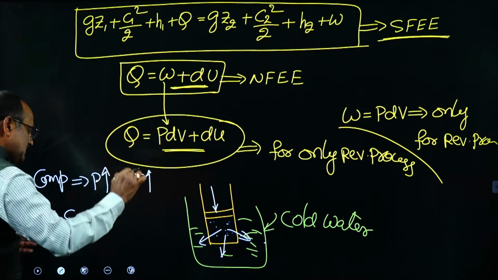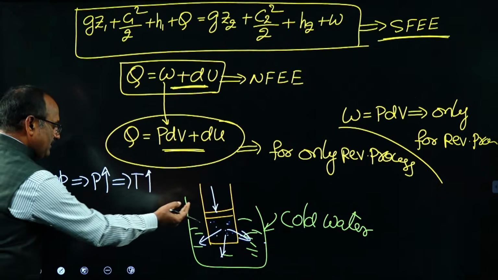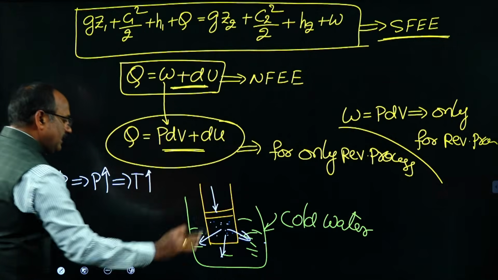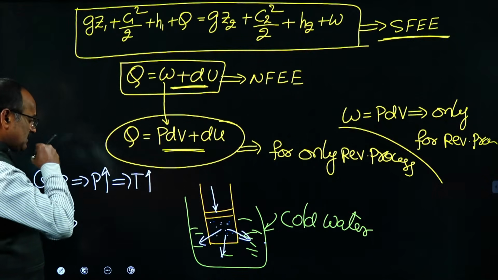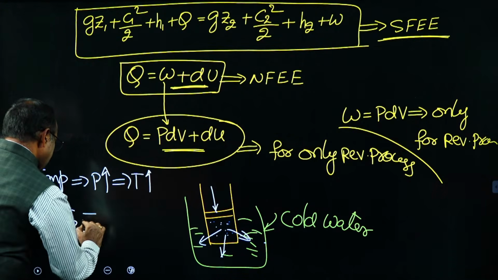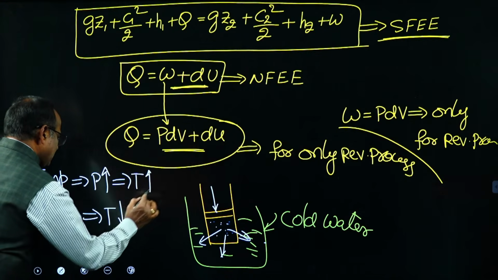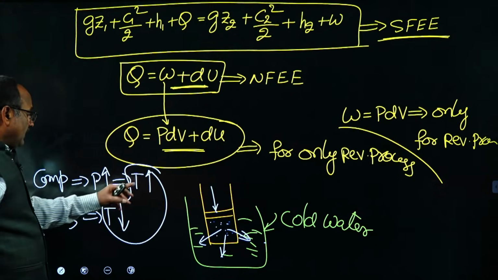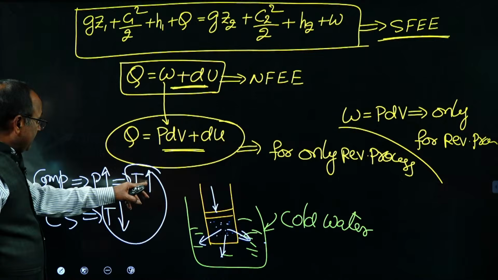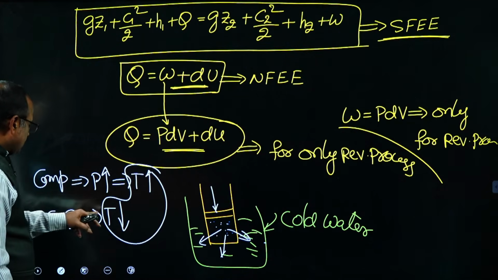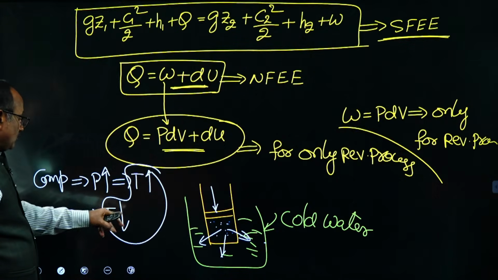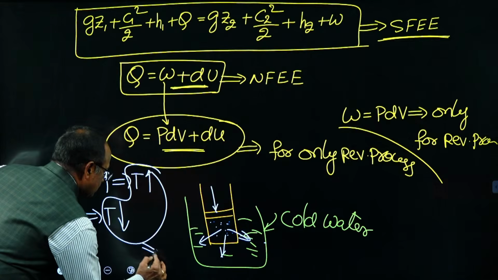Here the cold source is receiving the heat energy from the gas. Here the gas present in the cylinder is our system. That gas is rejecting the heat to the cold source, then the temperature of the gas decreases. Then the combined effect of the gain in temperature due to compression and the drop of temperature due to the cold source may maintain the constant temperature.